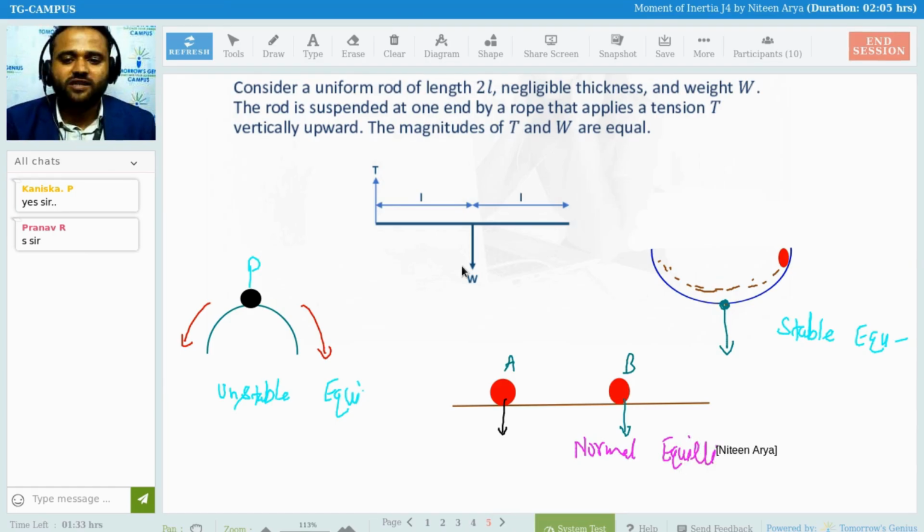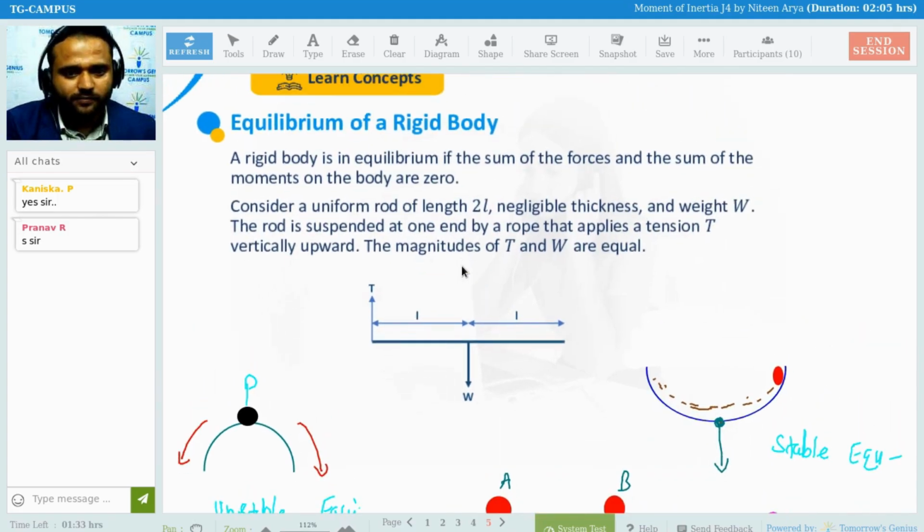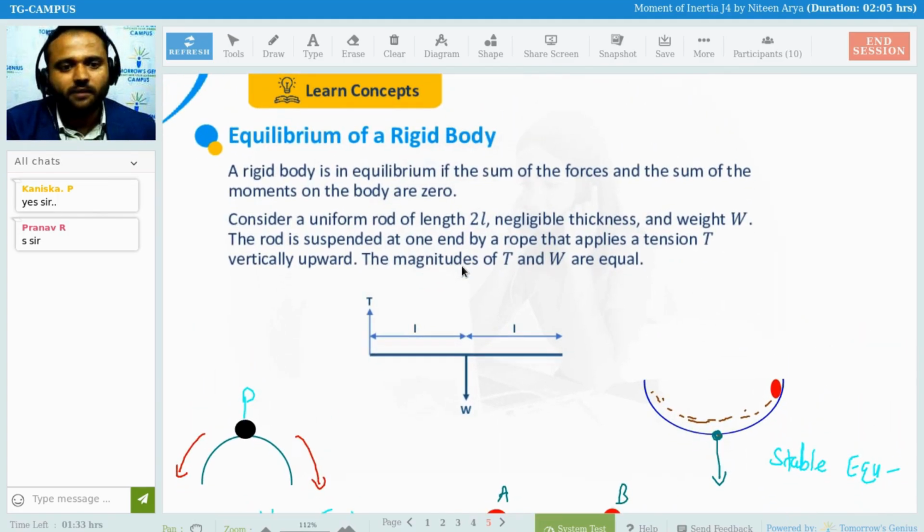In this equilibrium, stable, unstable, normal, what does it mean? F net is going to be 0. The total force working on the ball of mass m is going to be 0. In the same sense, if I have a rod, for a rigid body, let's read it out.